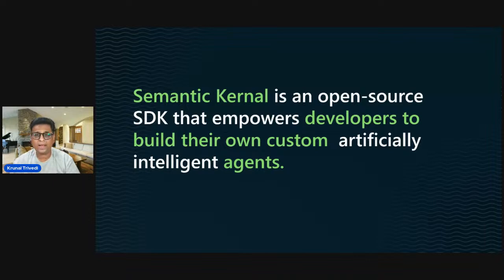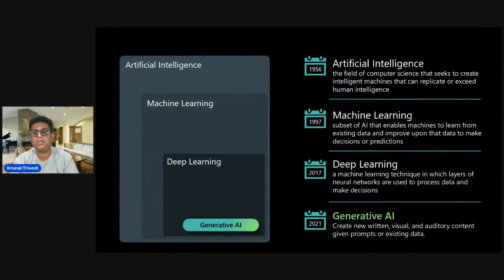Now, if we go back, you can see we have artificial intelligence, right? In the early 1950s, the field of computer science was designed to create intelligent machines that can replicate or exceed human intelligence. Later on, in the 1970s to 1997, we get a subset of artificial intelligence, which is machine learning, which enables machines to learn from existing data and improve upon the data to make decisions or predictions.